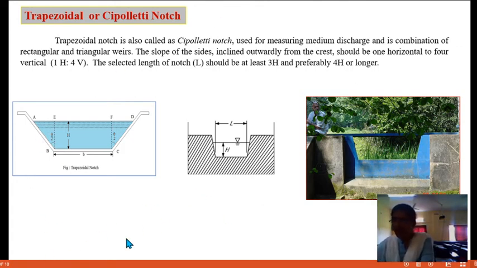What is the main advantage of the trapezoidal notch? It is a combination of a rectangular and a triangular notch.